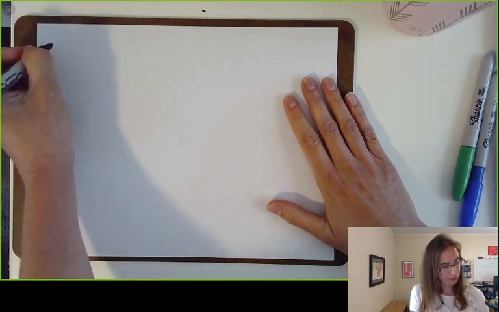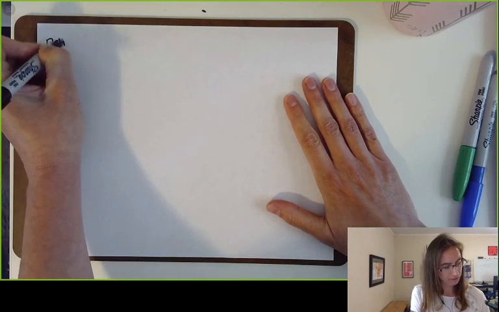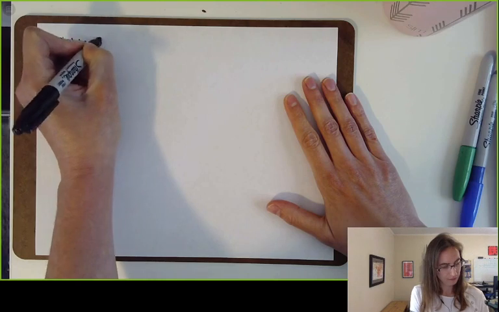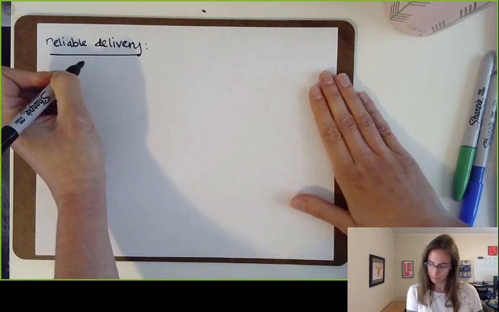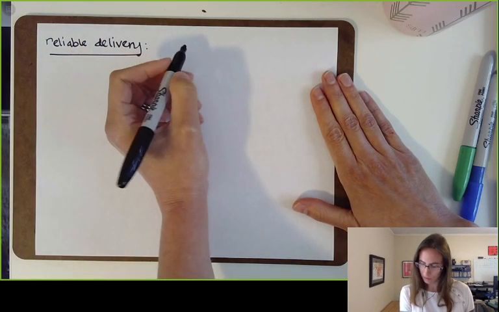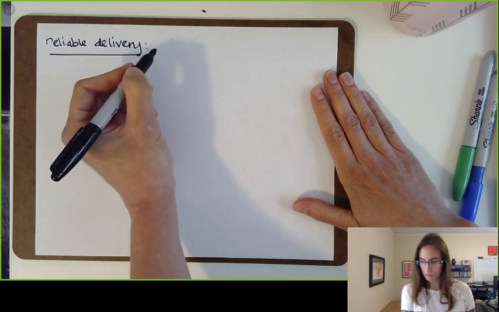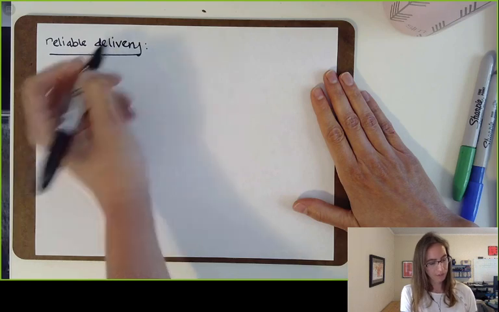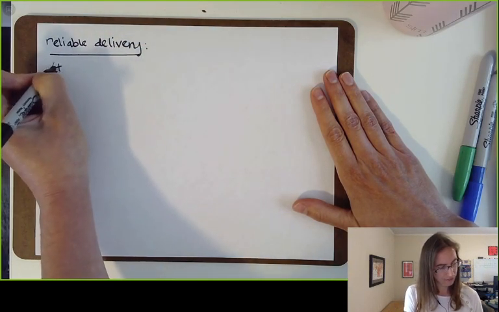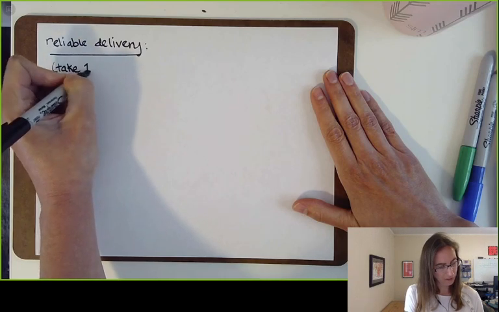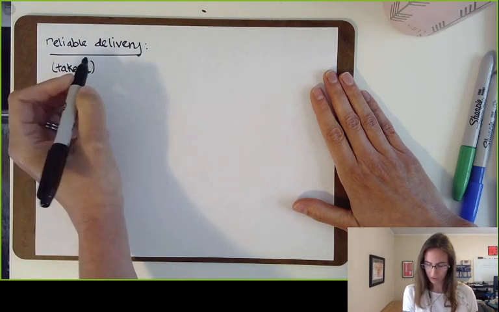I'm actually going to call it reliable delivery. So here's one way to define reliable delivery. I'll call this take one, because I think we might come back and define it differently later. But let's try this.